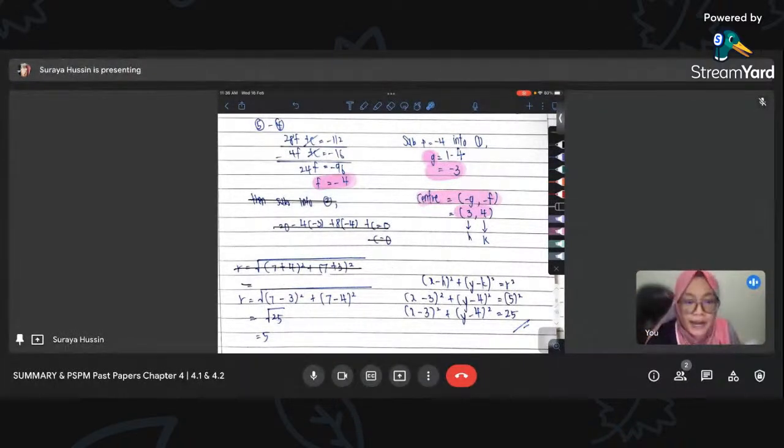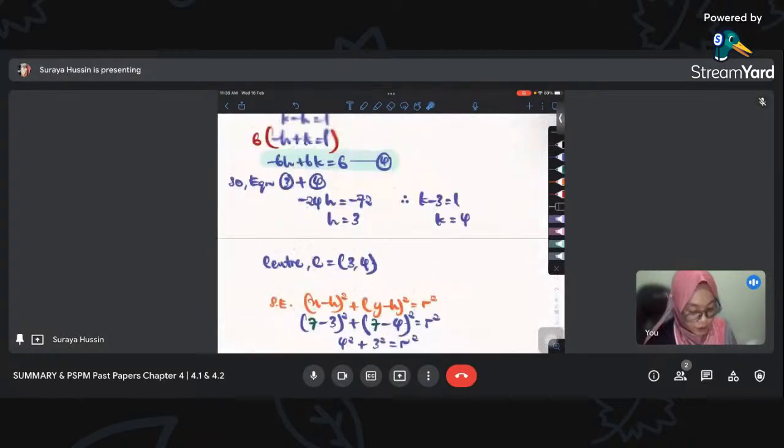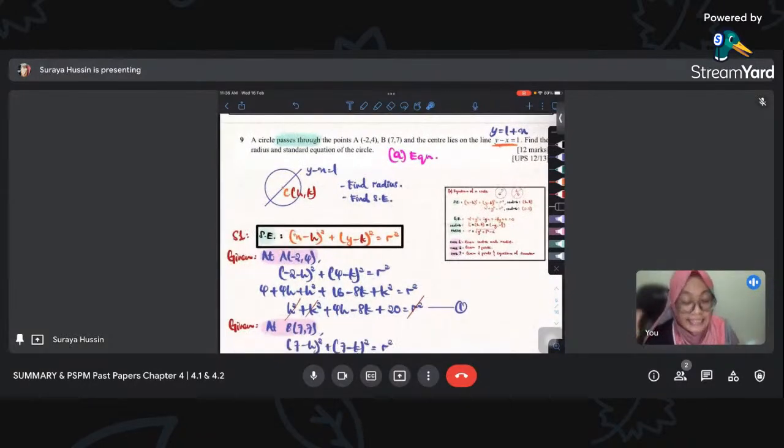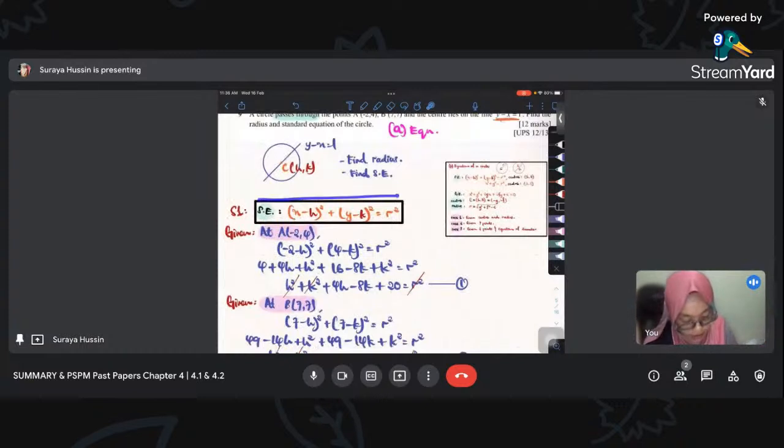You should apply what method that you feel comfortable. Okay, it doesn't mean that you have to follow your friends. So right now here, I'm showing to you that saya selesa menggunakan standard equation. And this is me. And me is not you.